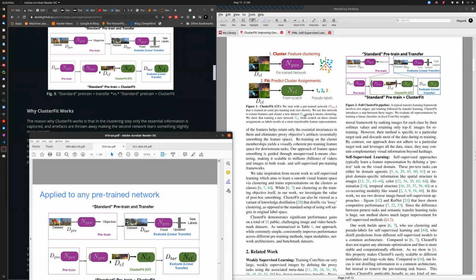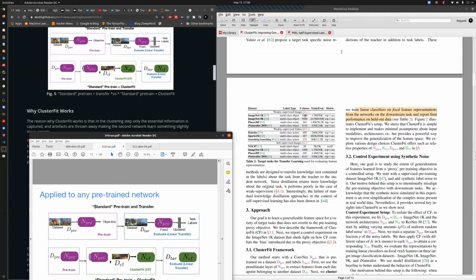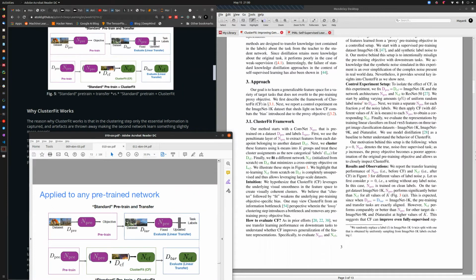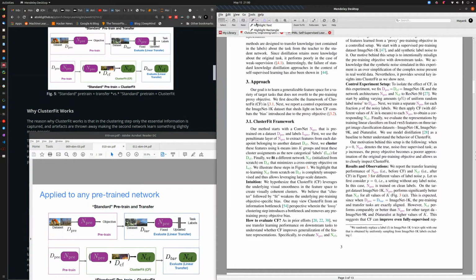Why does this work? So this is the ClusterFit objective, and why it works is because it leverages the underlying visual smoothness in the feature space to create visually coherent clusters.